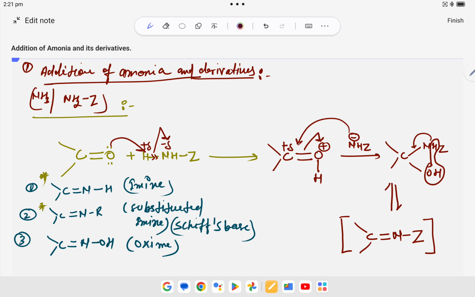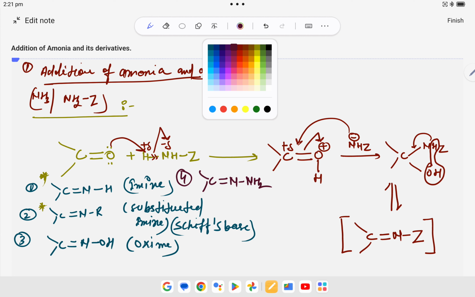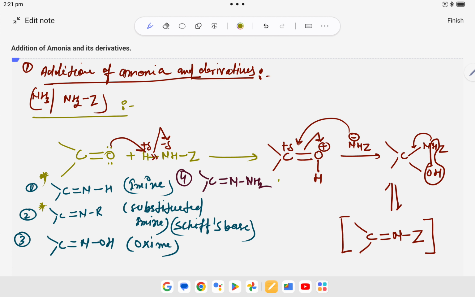Then number 4, at this place NH2 is attached, then it's called hydrazone.